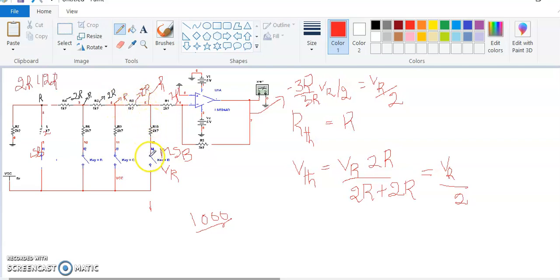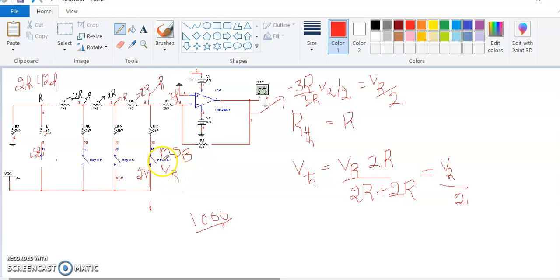But here this switch is closed and it is connected to plus 5 volts. So let us assume this is a 5 volt voltage. For this kind of situation, we need to take the Thevenin's voltage and Thevenin's resistance. First I am calculating the Thevenin's voltage of this circuit. This is 2R and this one is also 2R, and our reference voltage, the logic 1 input voltage value, is 5 volts. I am considering it as VR, the reference voltage.